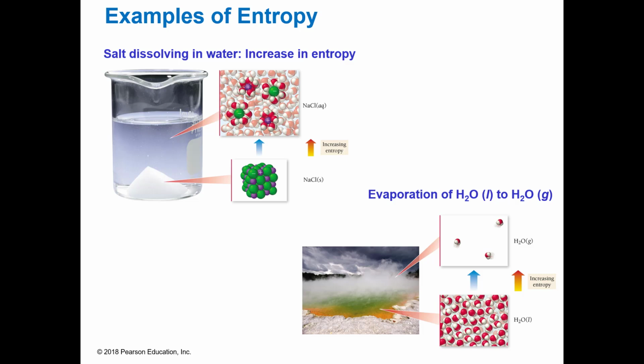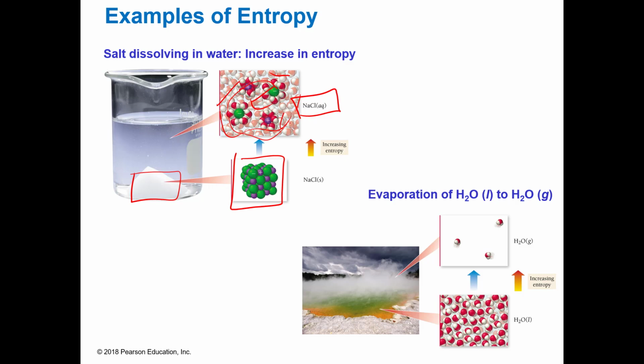So the bottom line for this is, how far apart, how random are the molecules? If I have a solid, it is nice and orderly, and they're all packed together real nice. That solid is going to have lower entropy than the liquid version of that, because the liquid is going to have more ways to separate and be apart.